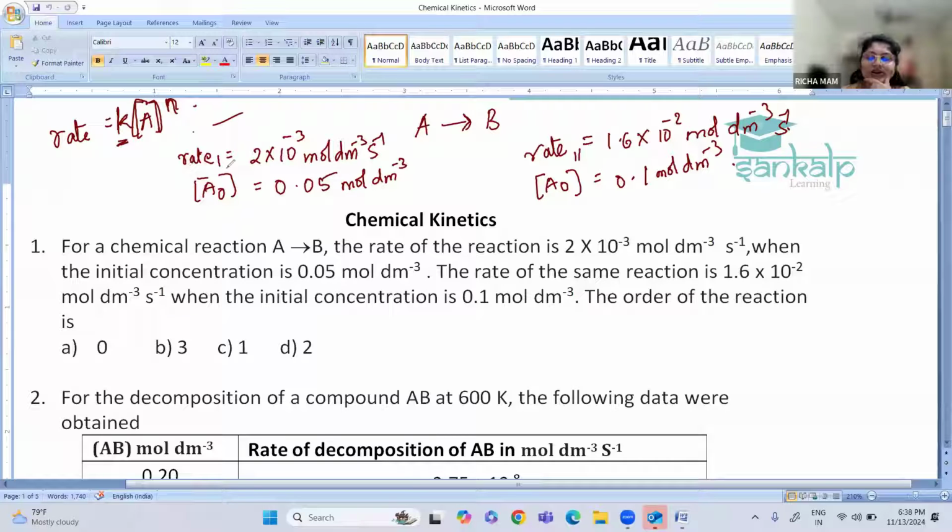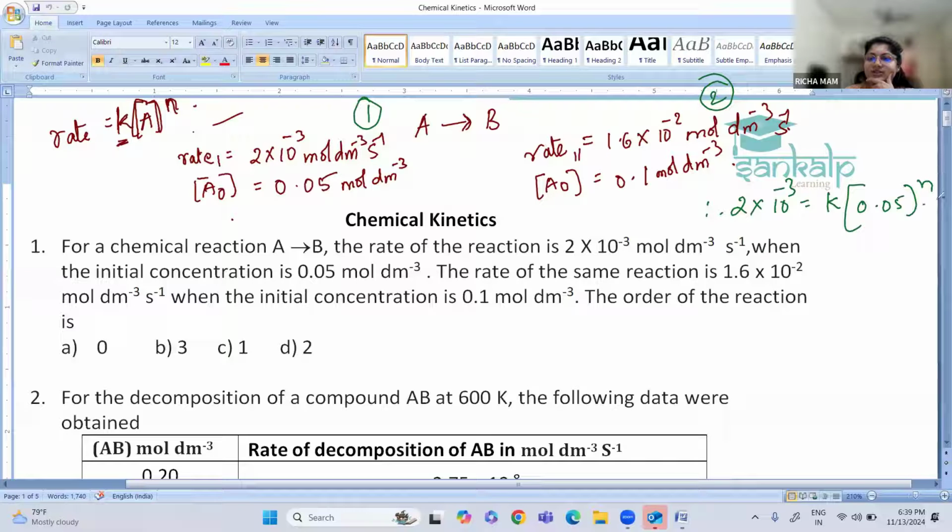Rate 1 and the initial concentration, then rate 2 and its initial concentration. Let us write the rate equations for both by applying the rate equation. First one: rate is equal to 2 into 10 raised to minus 3 is equal to K into the initial concentration, 0.05 raised to n.